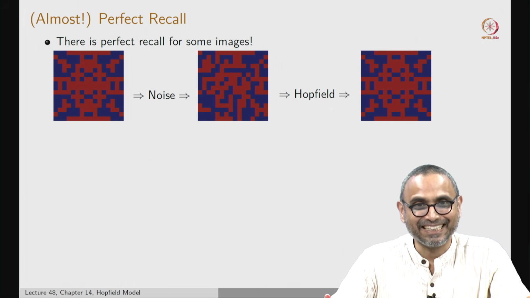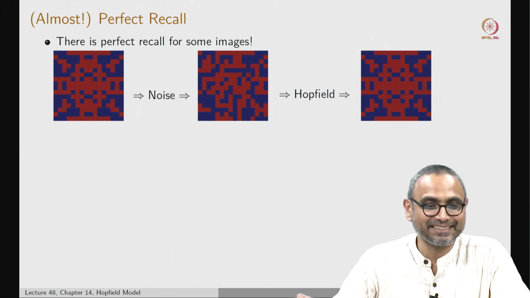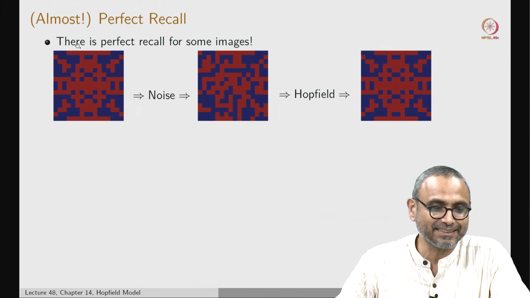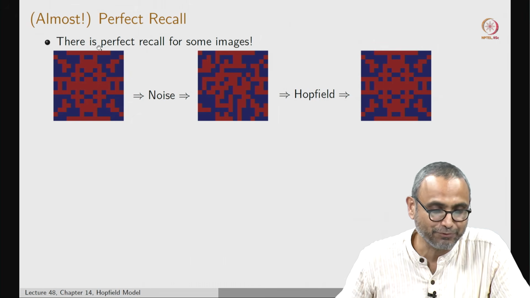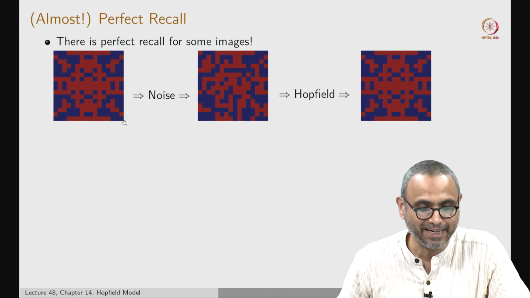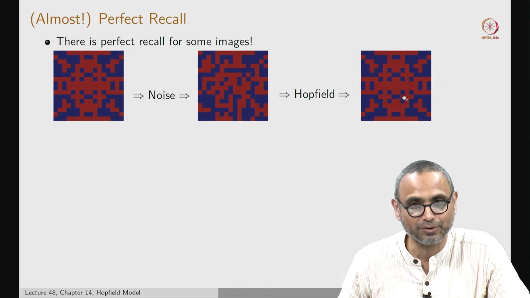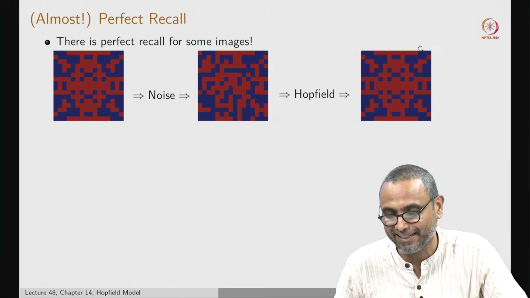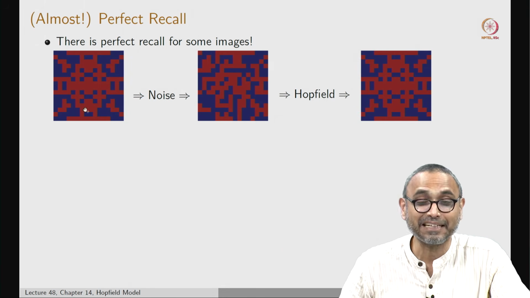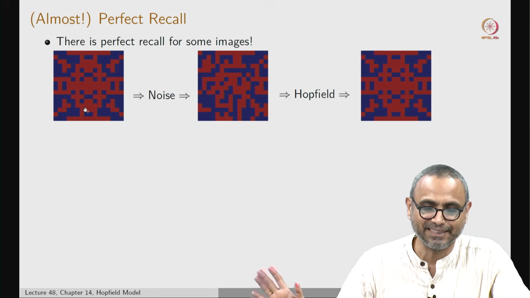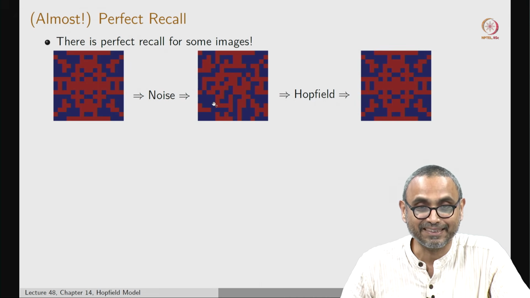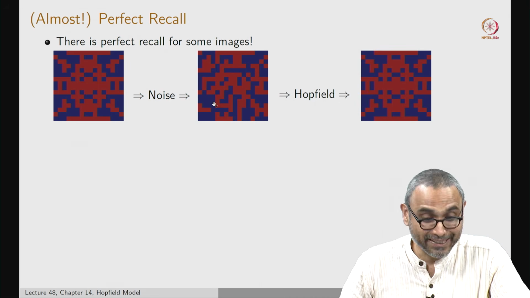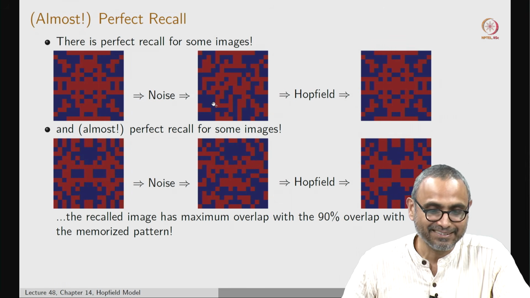Now you will see that there is a perfect recall for certain images. For example, I take this pattern, put in noise, run the Hopfield network dynamics, and then I recover exactly this image, an exact overlap, same energy and so on. But now you will see something very interesting.